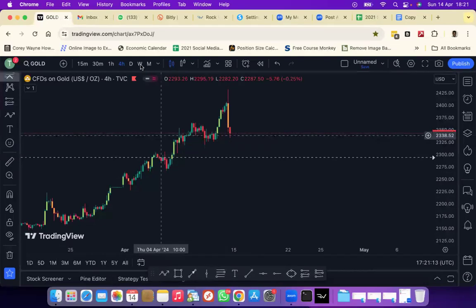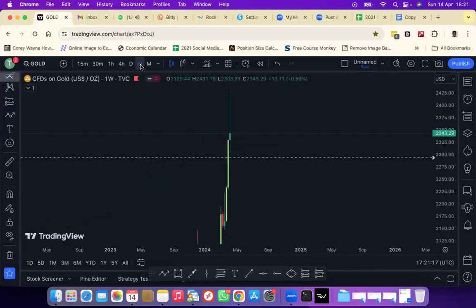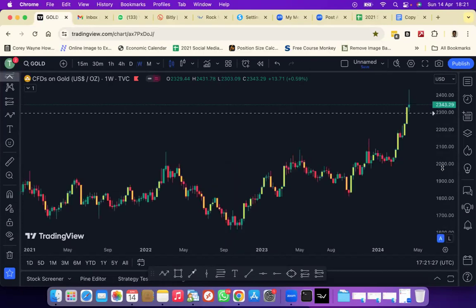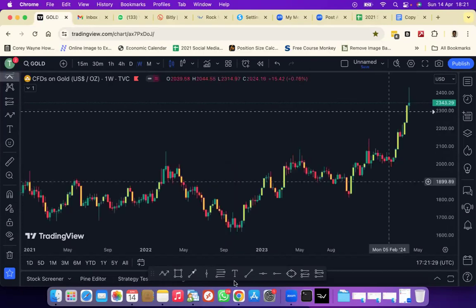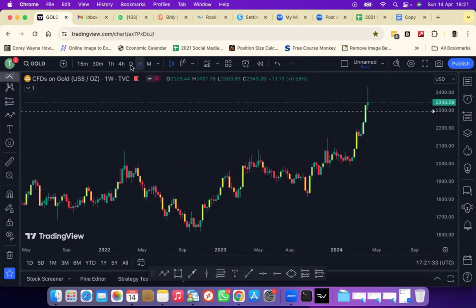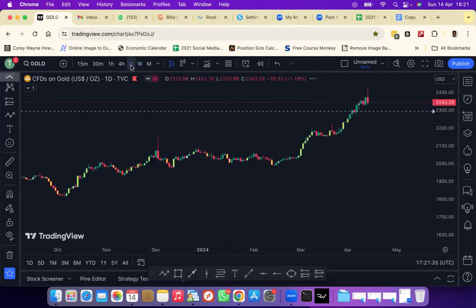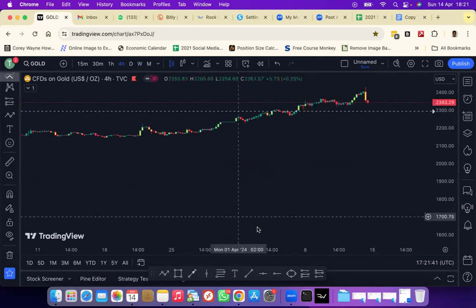So let's go to the weekly time frame. Now on the weekly time frame, we've been looking at gold for a while now, and it's very, very clear according to market structure that gold is currently bullish. Gold is bullish on the weekly time frame. On the daily time frame, you see gold giving us higher highs, like so. On the 4-hour time frame, you see gold giving us higher highs as well.